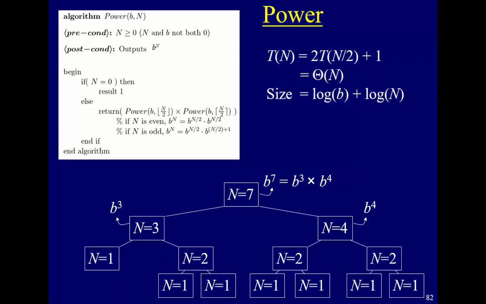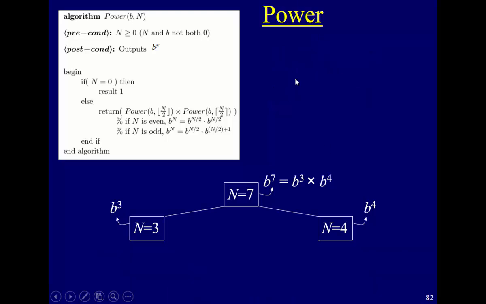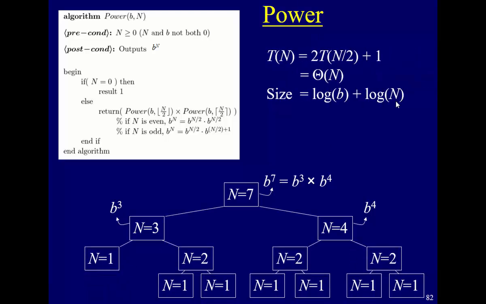So what's the running time? You get this whole tree, and I have two friends, and each is given half the input. You bang it out, and you're going to have n base cases.